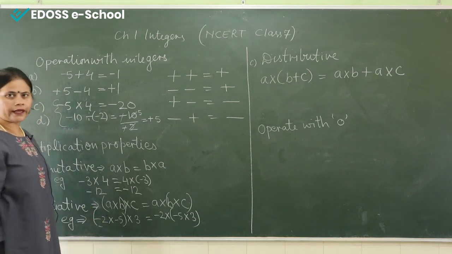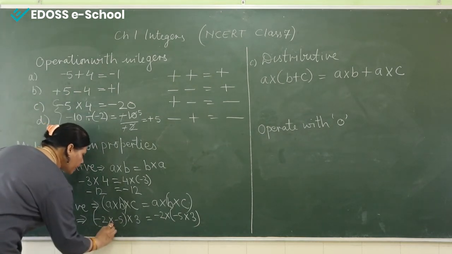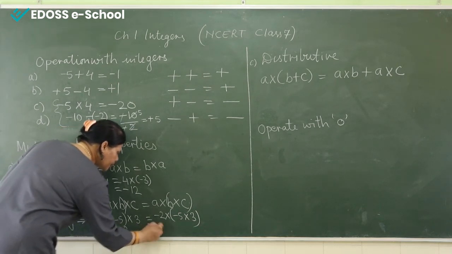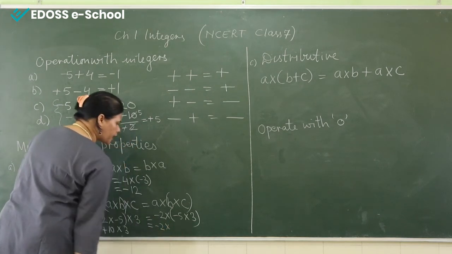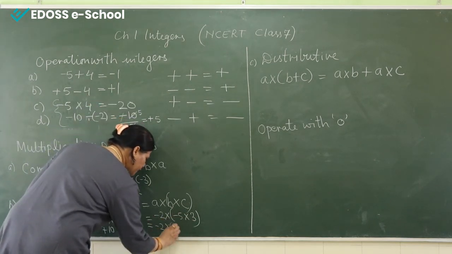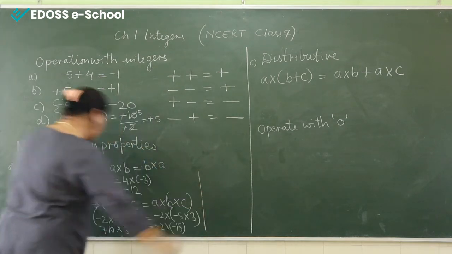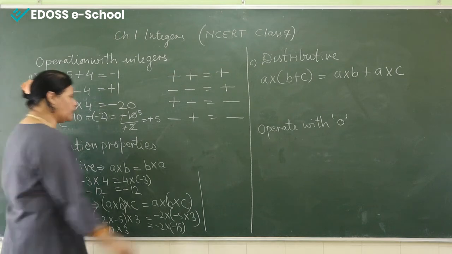So first of all multiply the sign, minus minus plus, and 5 2s are 10, and multiply by 3. And here again minus 2, write down as it is. First we solve the bracket, minus plus minus, and 5 3s are 15. And when we solve the left hand side and right hand side, here 10 3s are 30.